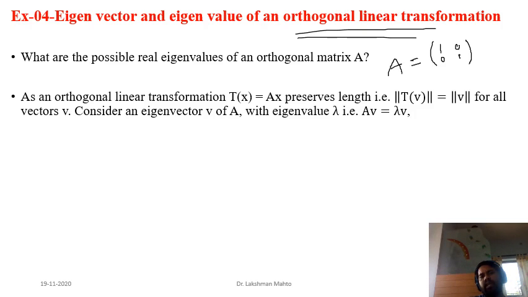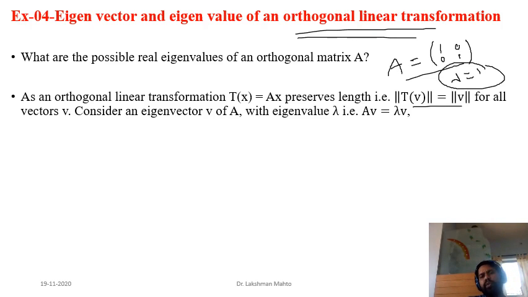So what are the eigenvalues and eigenvectors? Every vector would be an eigenvector. Also, if you take an orthogonal linear transformation, one interesting property is that it is preserving length. And here you have already observed that the eigenvalue of this identity matrix is 1. So in general, if you take any orthogonal linear operation, what would be the eigenvalue?